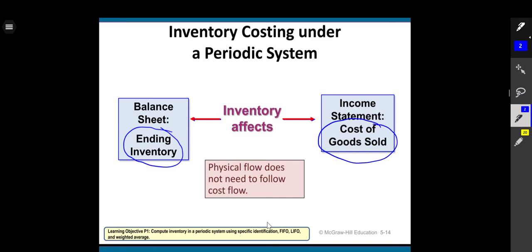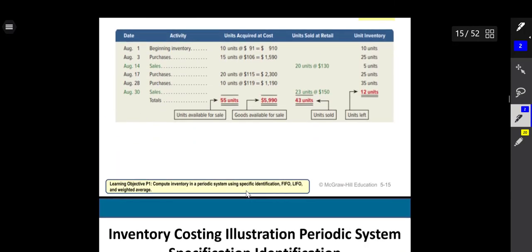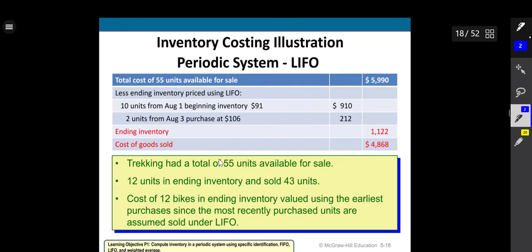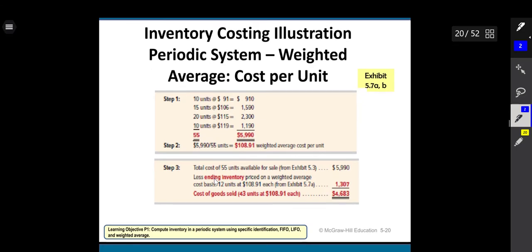But here's the most important point. You don't have to match the physical flow of goods with the method that you choose to follow. I'm not going to go through these specific illustrations because we did that in the problem demonstration video. So we're not going to do that here.